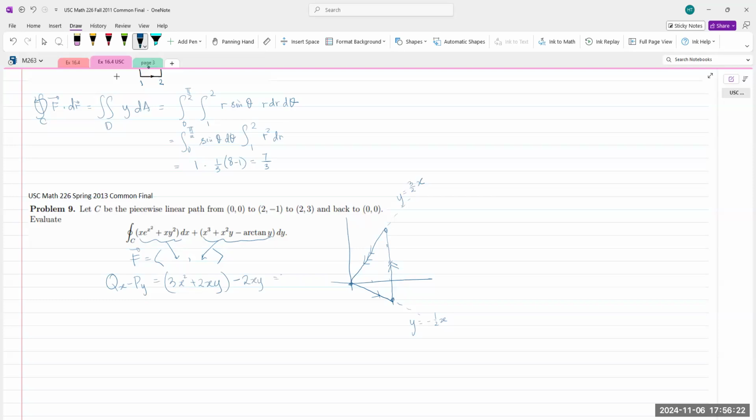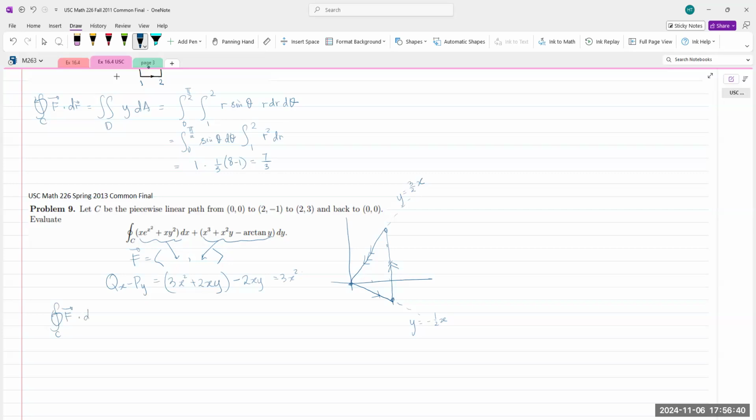Which is just 3x squared. Nice, huh? Suddenly when you do Q sub x minus P sub y, a lot of misplaced functions become 0.